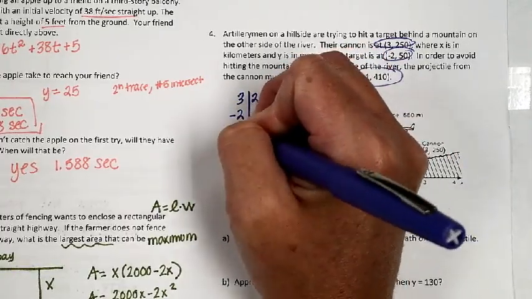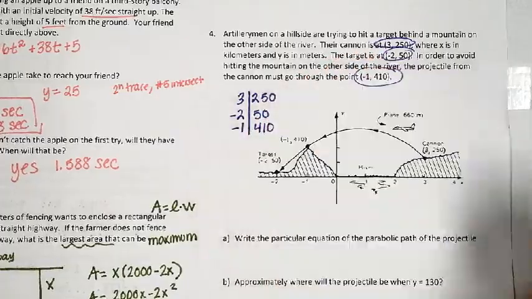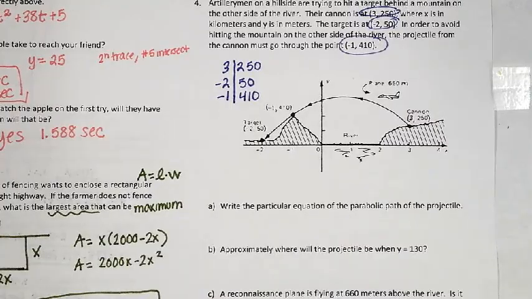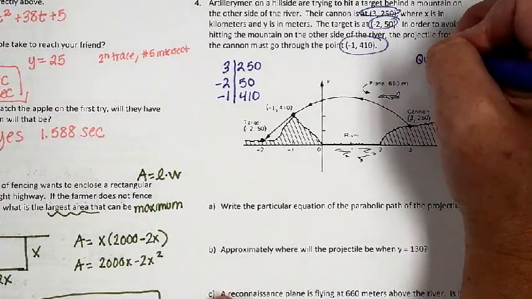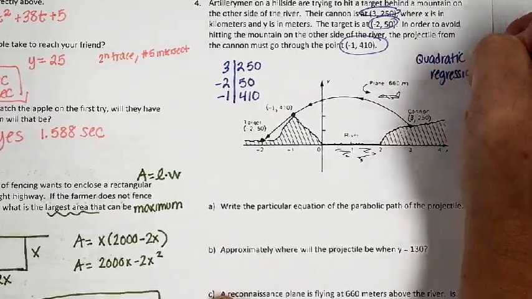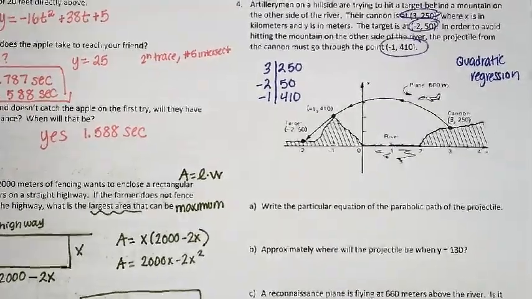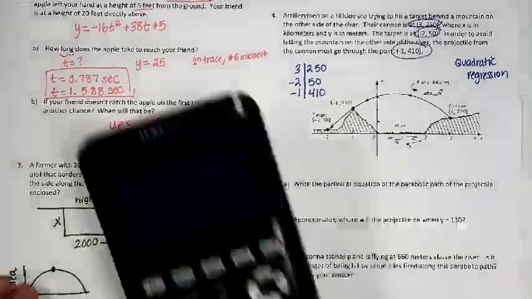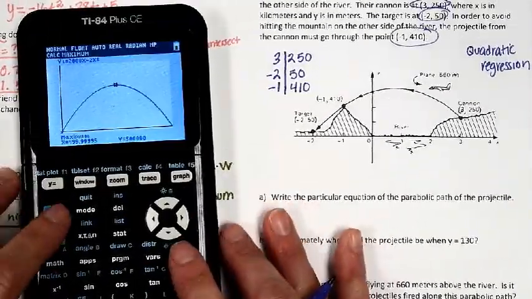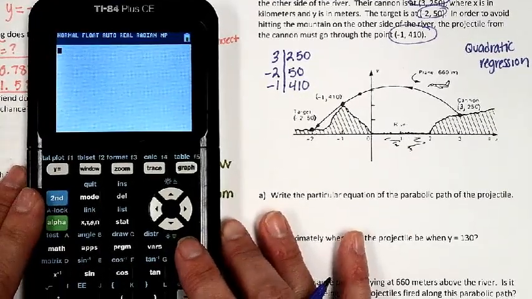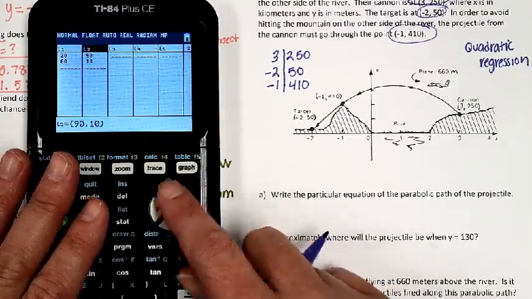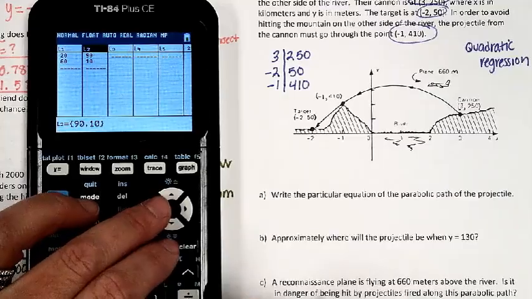So what we have to do here, we're going to be doing quadratic regression. So we've done this before with linear. Stat. Alright, so you're going to go to stat, edit. If you have stuff in, clear your list. And then type in your points.